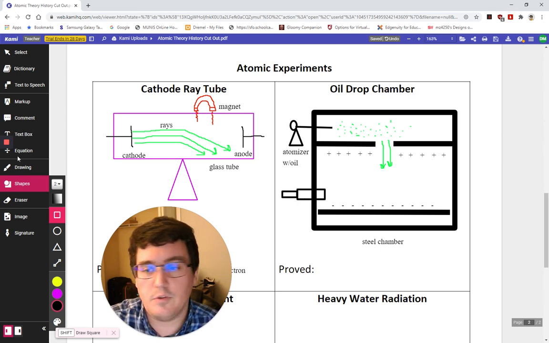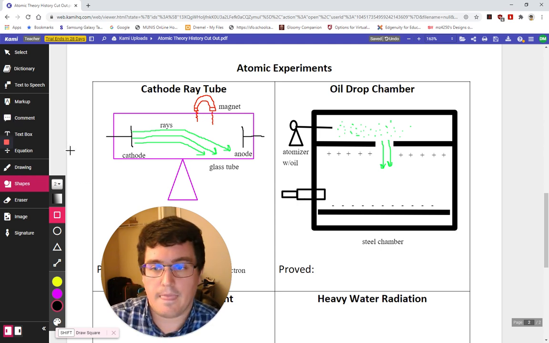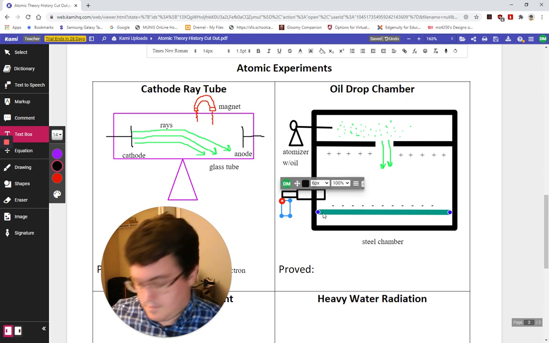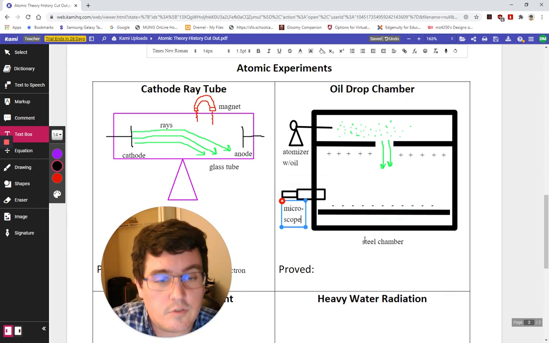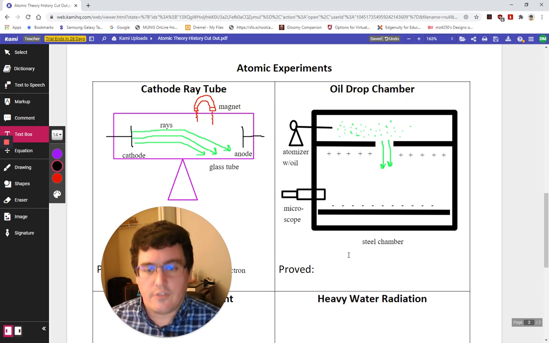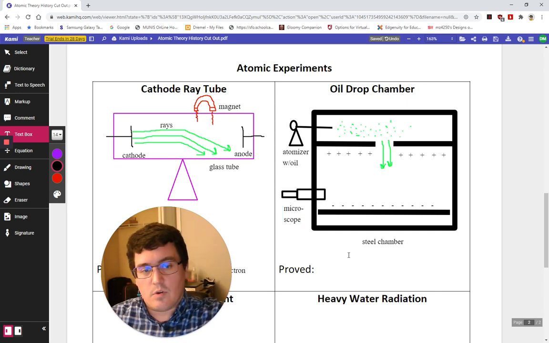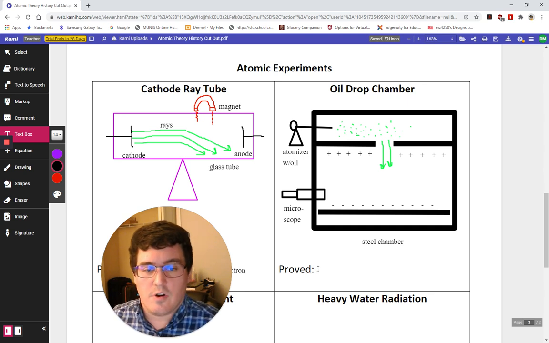So he could look through this microscope and he could count those dots. And he could tell from the distance they were from that plate exactly the charge of the electron.